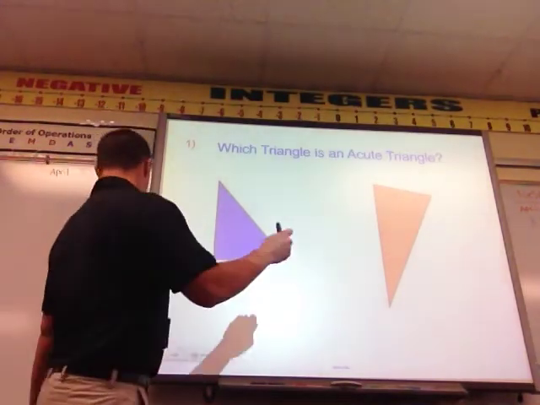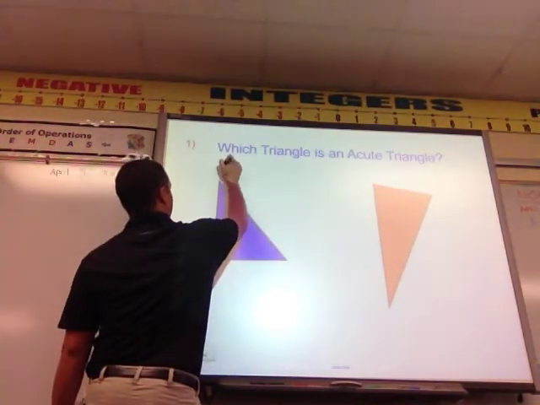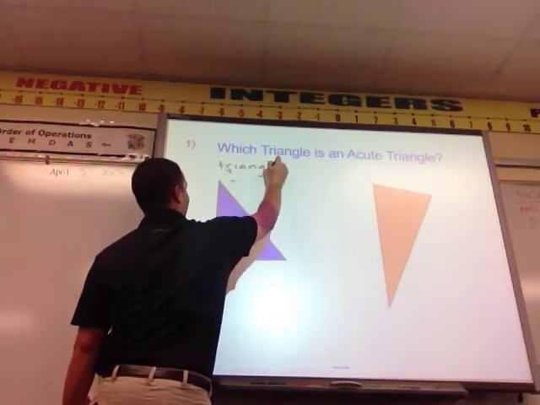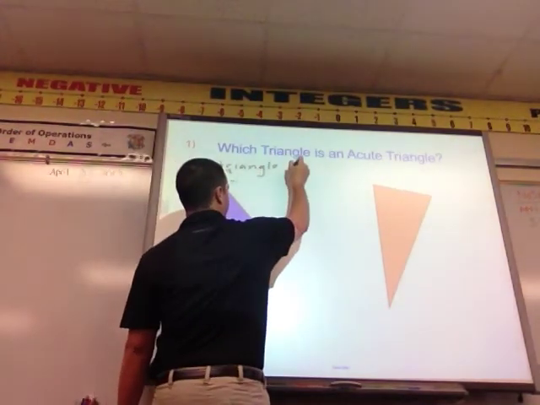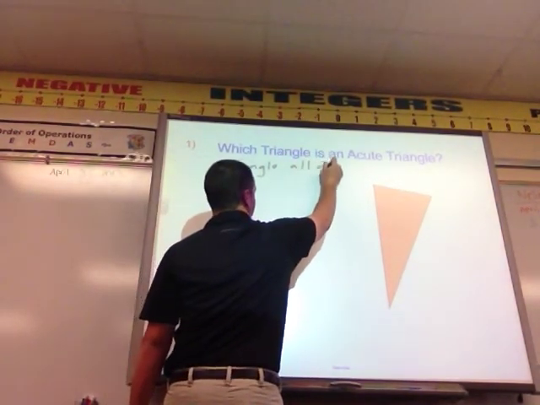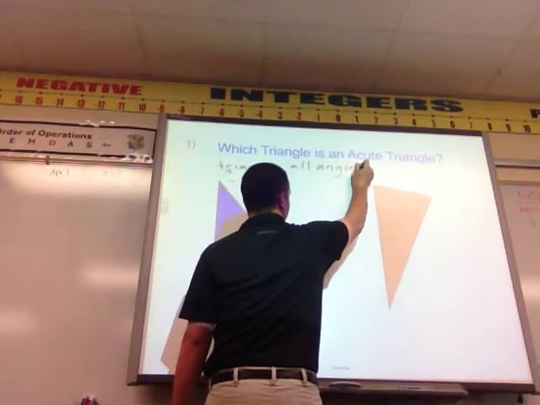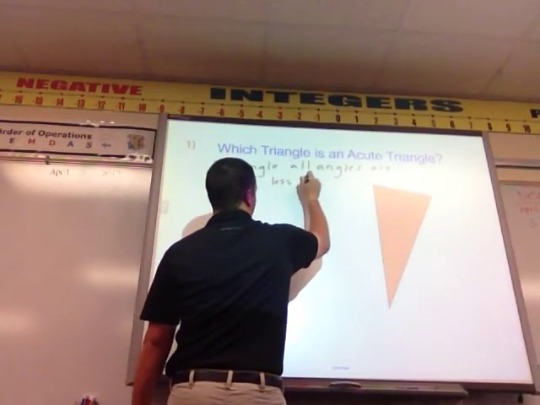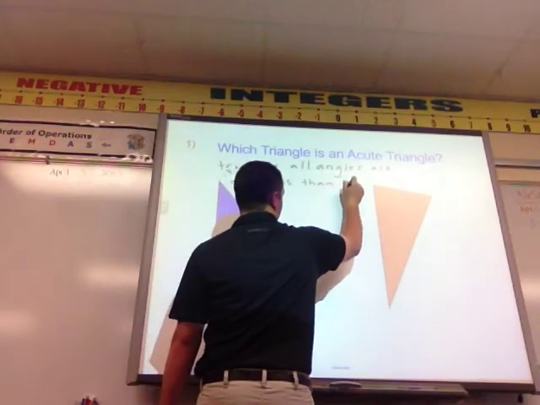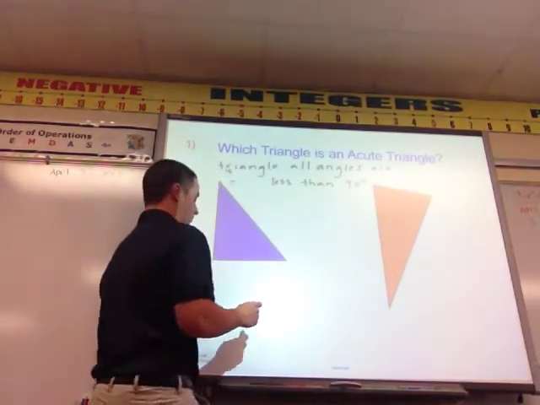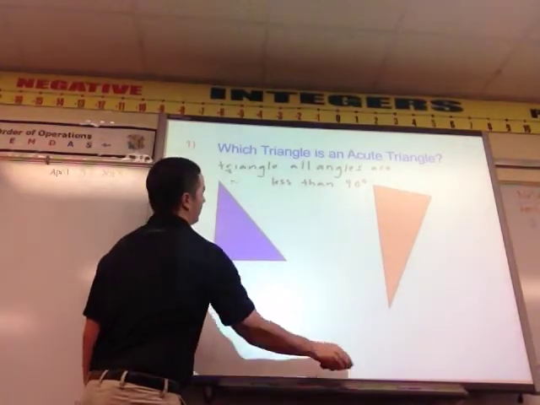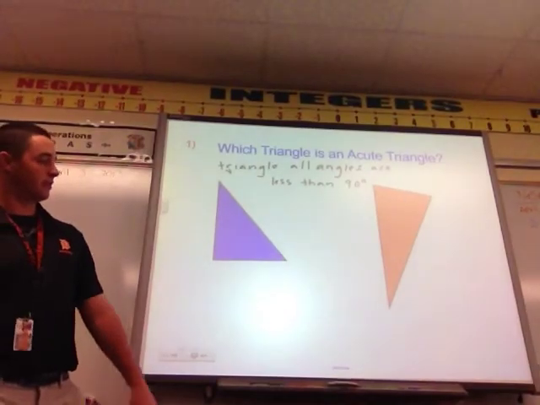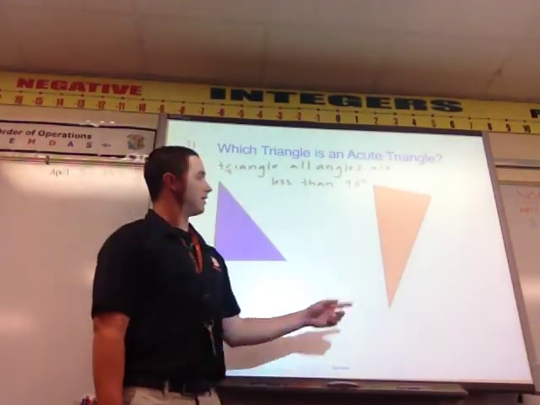So an acute triangle is a triangle where all angles are less than 90 degrees, which Donald guessed correctly.